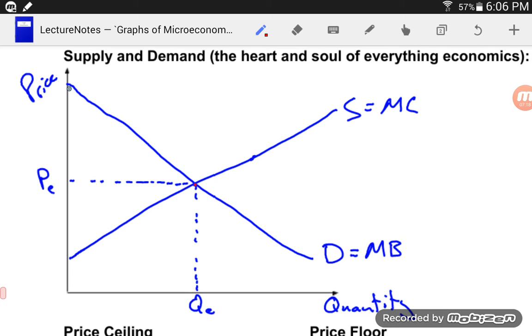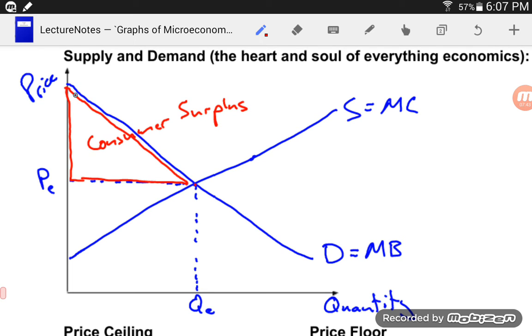So the other things that we need to define here then is that this area up here, above the price and below the marginal benefit curve, all of this is what we would call a consumer surplus. Why is that a consumer surplus?